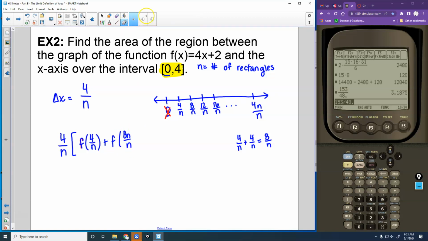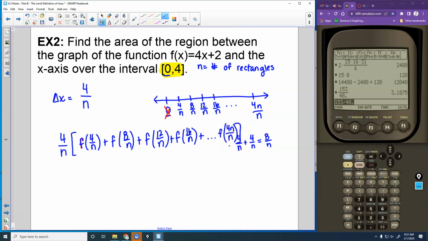Oh, I'm sorry, not 8n over n, just 8 over n. 8 over n and 12 over n and 16 over n and dot, dot, dot. And we would end with f of 4n over n. There. Get rid of that, it's sort of in the way. Is everybody with me there?